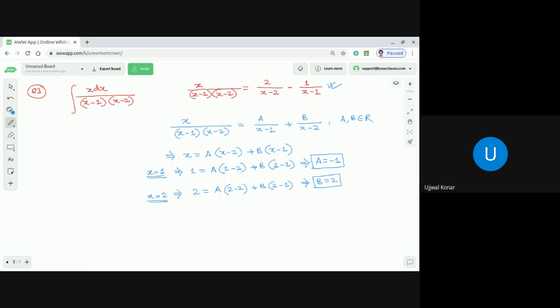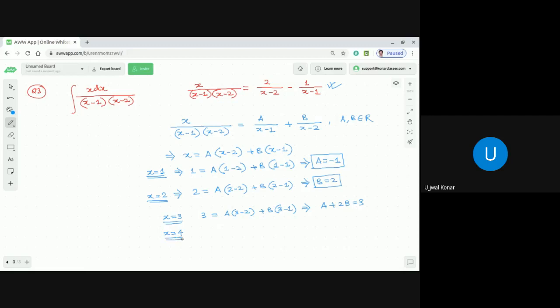But if you took any value of x, suppose I want to choose x equal to 3, then what is going to happen? Then 3 is equal to a into 3 minus 2 plus b into 3 minus 1. Correct or not? So then we get a plus 2b is equal to 3. And suppose you choose, sir, I choose x equal to 4.